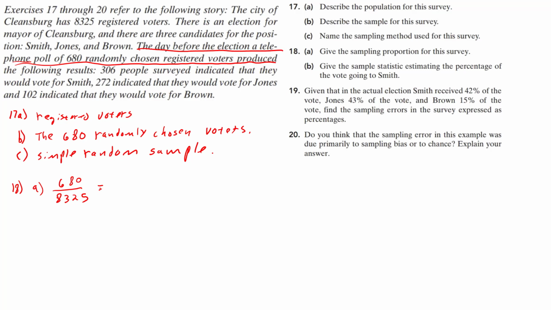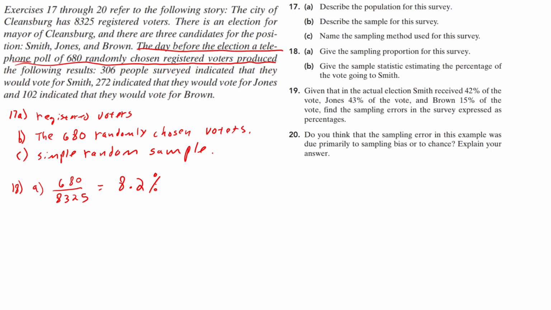Punch that into the calculator. 680 divided by 8,325 is 8.2%. So you are making your predictions with 8.2% of the voters.